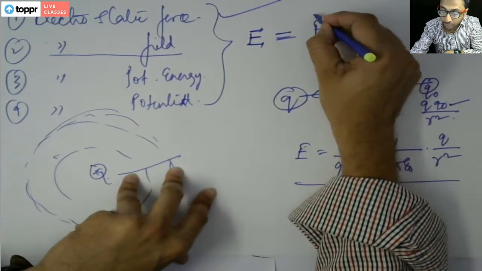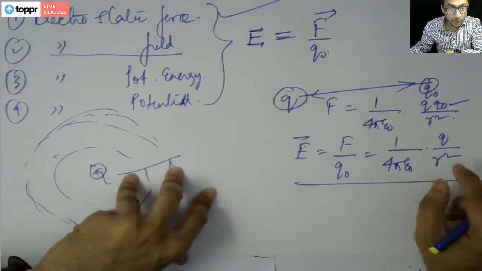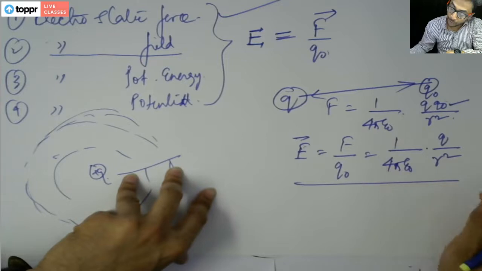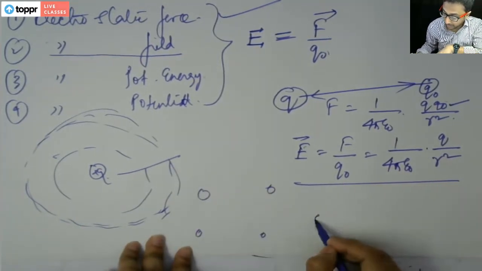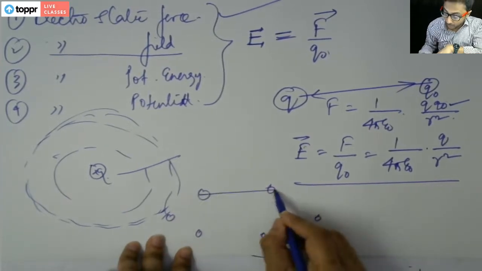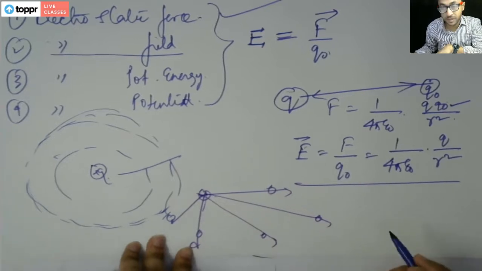Now, as in force, electrostatic field is also a vector quantity. All these things are vector quantity. So suppose there are a lot of charges within the system, all the charges will have a force vector associated with it.